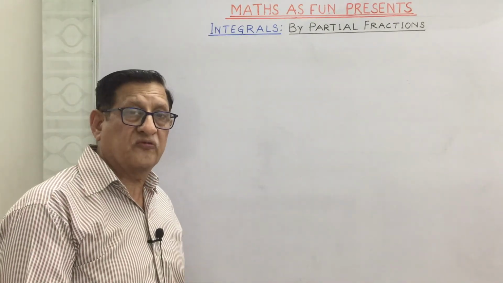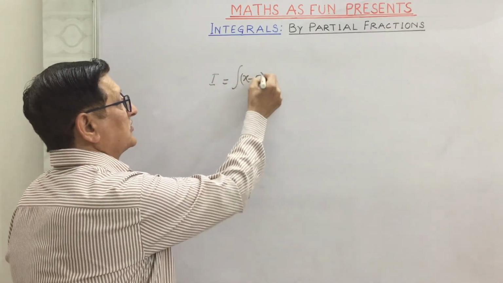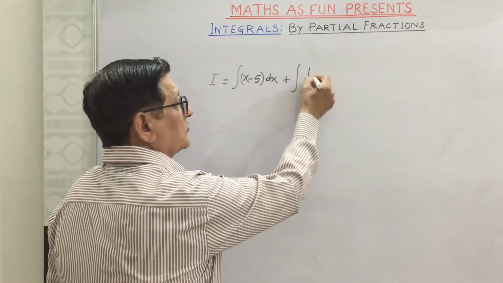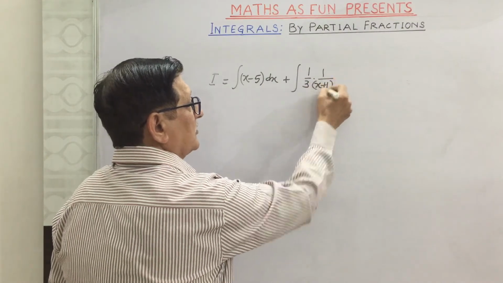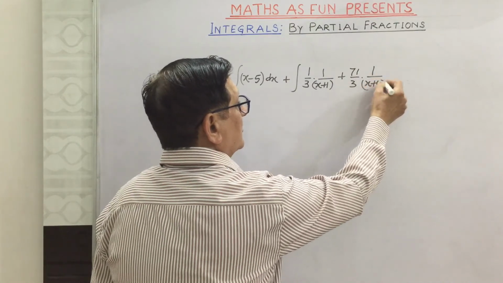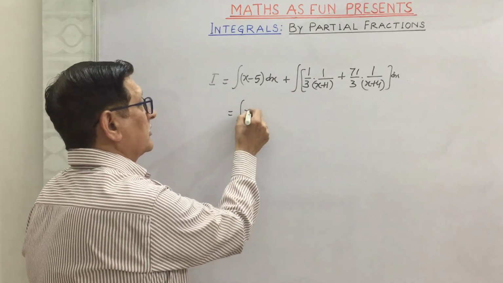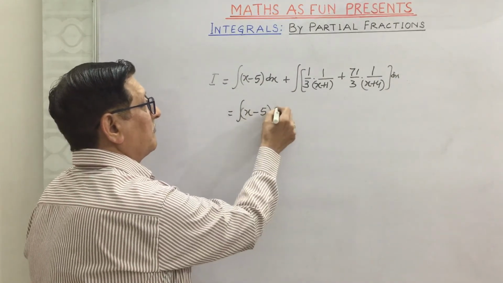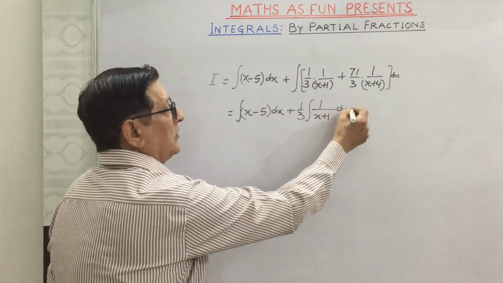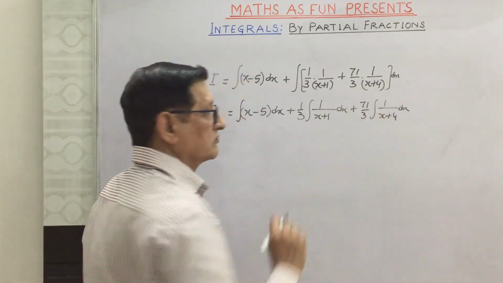After finding the values of a and b, we can write here I is equal to integral of x minus 5 plus integral of a means 1 upon 3 into 1 upon x plus 1. b means 71 upon 3 into 1 upon x plus 4, which is integral of x minus 5 plus 1 upon 3 integral of 1 upon x plus 1 plus 71 upon 3 integral of 1 upon x plus 4.